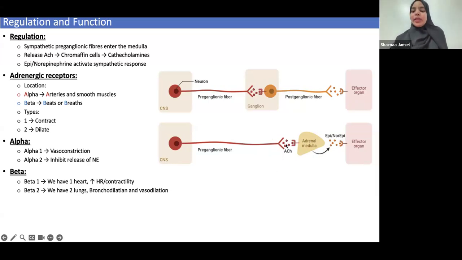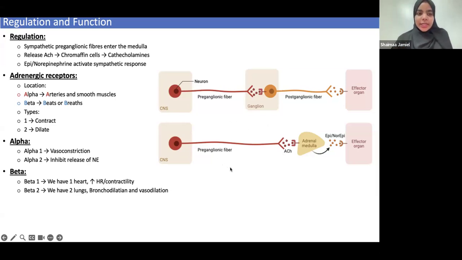So the adrenal medulla is acting as a ganglion. And then epinephrine and norepinephrine, as we know, cause the sympathetic response. And usually when they have pheochromocytoma, it's fluctuating. So it's not always high; sometimes it's high and then it goes low and then it goes high again.